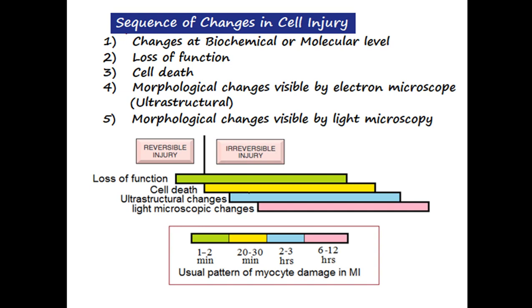Initially, changes will occur at the biochemical or molecular level. These changes are followed by loss of function of the cell and loss of function of the whole organ, which is followed by death of the cell. Now, if we want to see the changes associated with cell injury, initially we can see these changes by using the electron microscope.